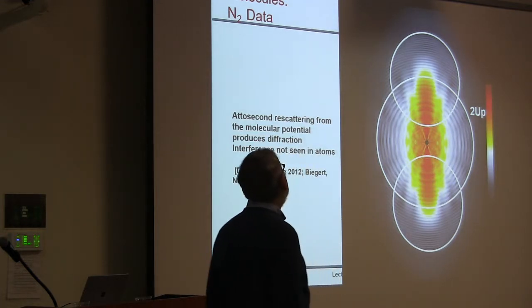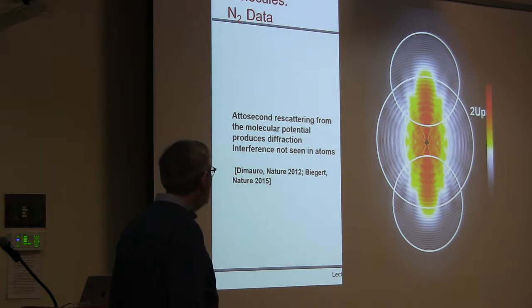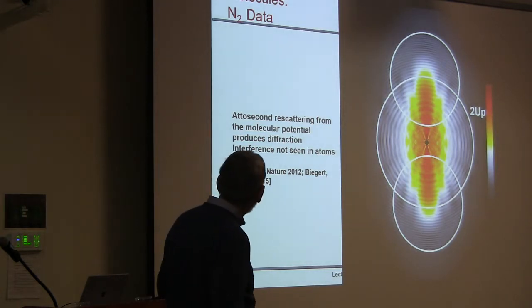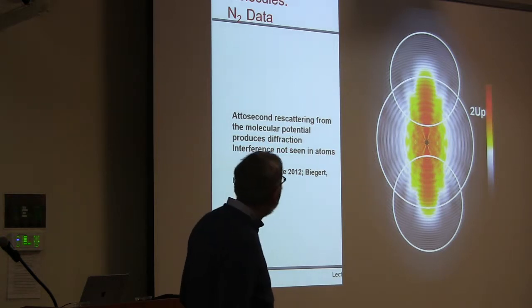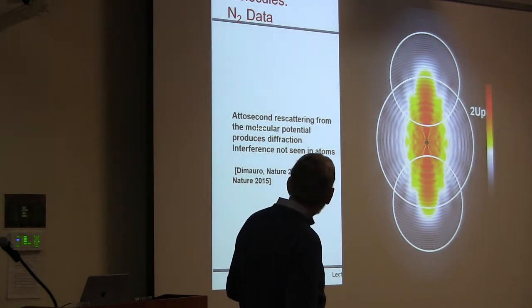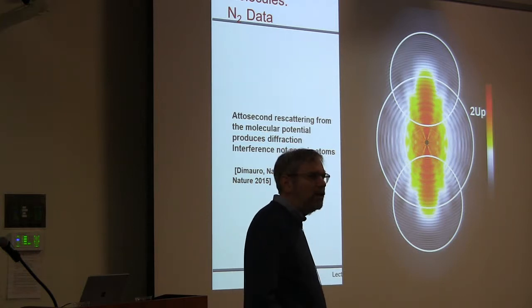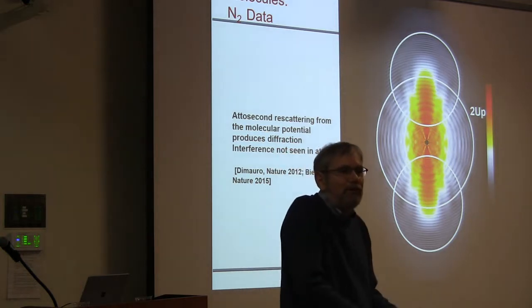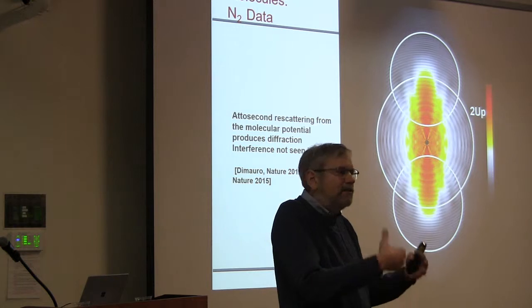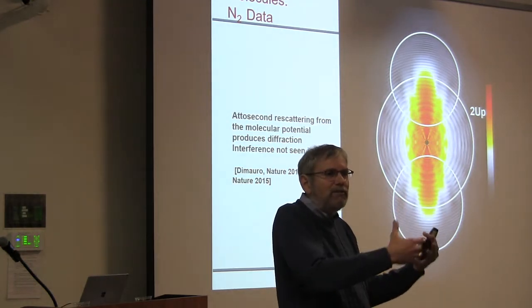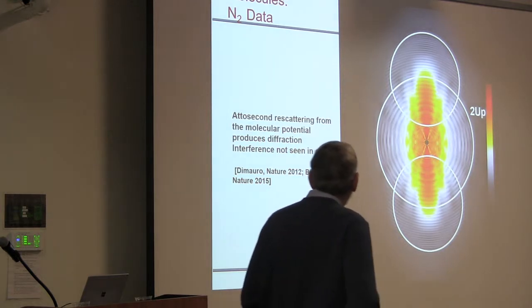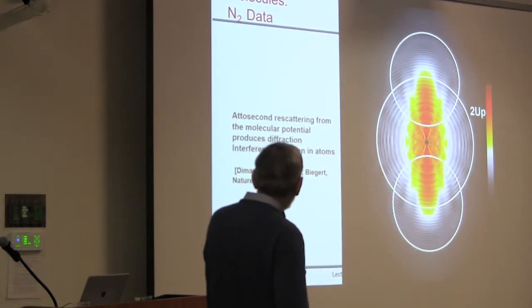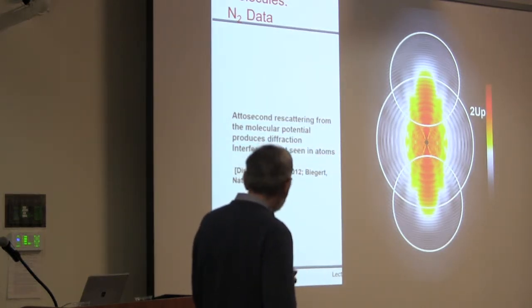And the notion that Lou, and also we, are now following up is that this is caused by not just attosecond rescattering, which happens in the atom too, but attosecond rescattering from a molecular potential, which produces molecular diffraction. In addition to atomic rescattering, you now have diffraction. Some momenta would like to scatter more than others. He wrote a Nature paper on this in 2012 and got us all excited.